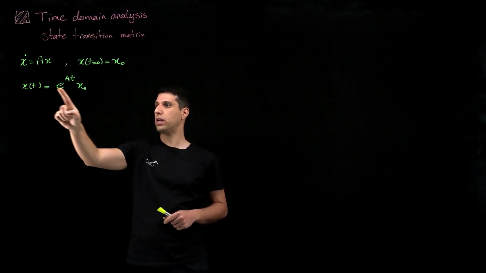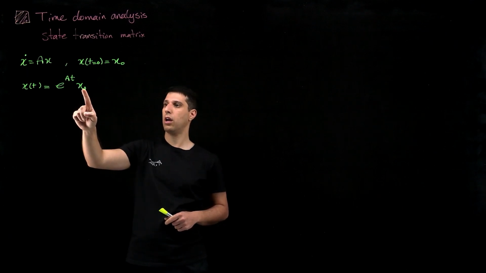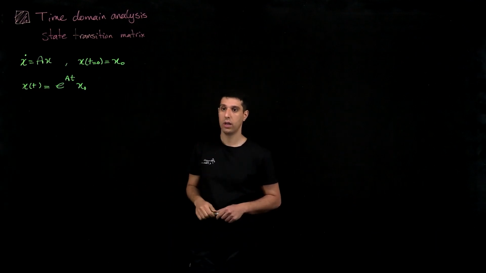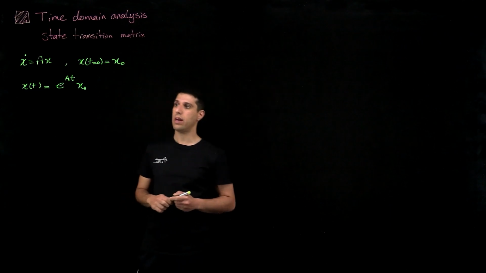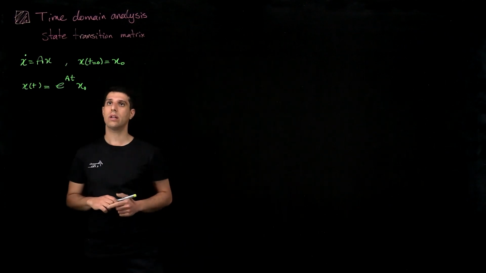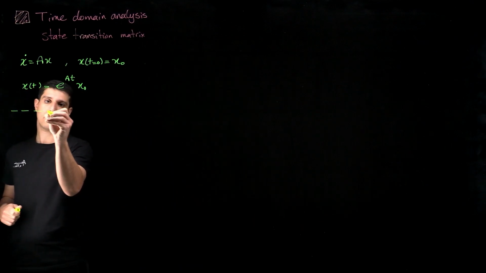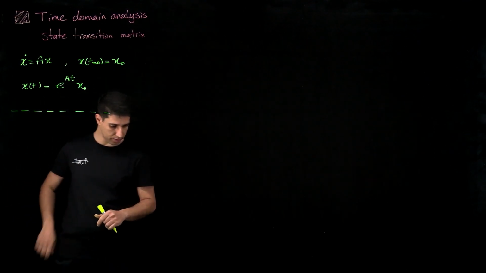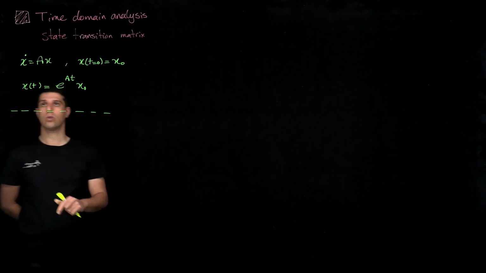And the solution is this e to the At times vector of initial condition x naught. And we saw how we can define this e to the At properly. There is another way we can solve the same problem, and you guessed it, that's where I need my capital letter, the Laplace transform.